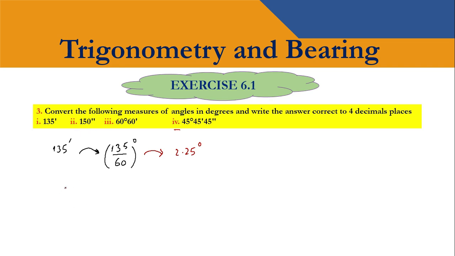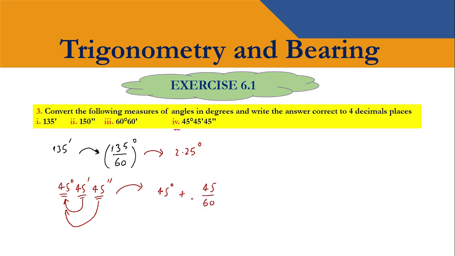The fourth part is 45 degrees, 45 minutes and 45 seconds. 45 degree is already in the degree, so we do not change it, but the 45 minute will be converted into degree, and the 45 second will be converted into degree. 45 degrees plus 45 divided by 60.